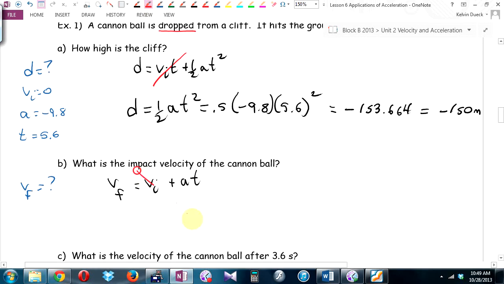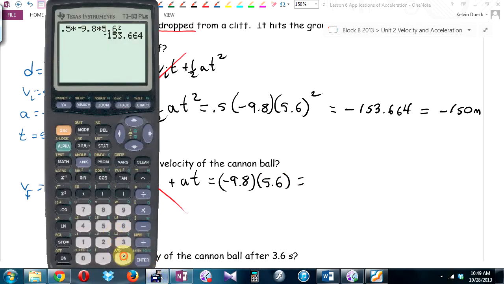Hey, why can't I go like that? Yeah, it won't always be, but dropped it will be. We'll eventually move on to what if it's not dropped, what if it's launched, but we'll get to that. Negative 9.8. T was 5.6. You get, oh, what's the negative telling me in my answer?